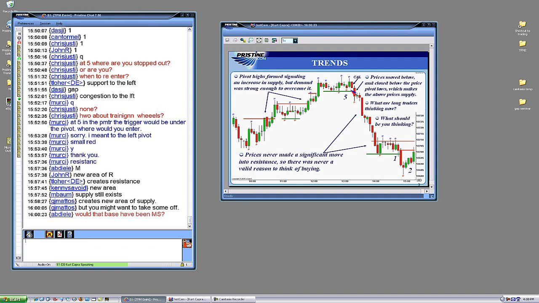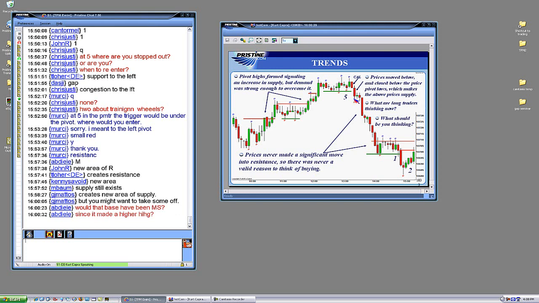All right. So, again, we get a breakdown here. Would that base have been major support? Well, we really didn't have a significant new high. It did make a slight higher high. It wasn't all that significant, but I would have said to myself, if we break this, where do I think we're going?